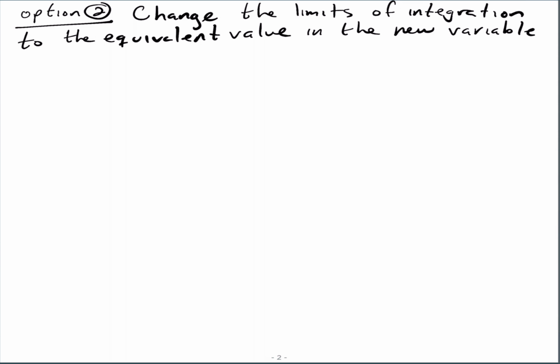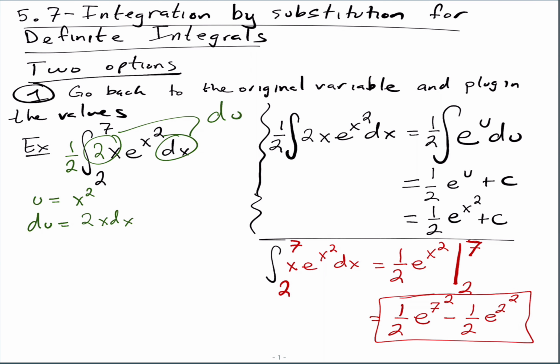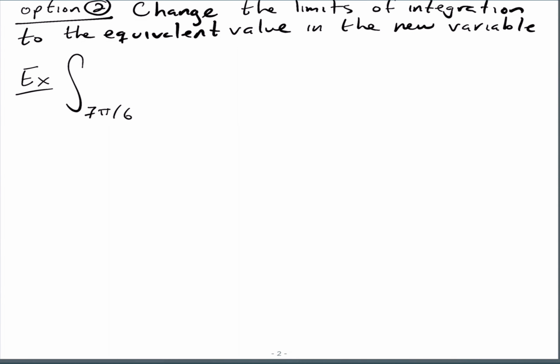Okay, all right, so let's say, for example, we have the integral from 7 pi over 6 to 5 pi over 4 of sine x cosine x dx.